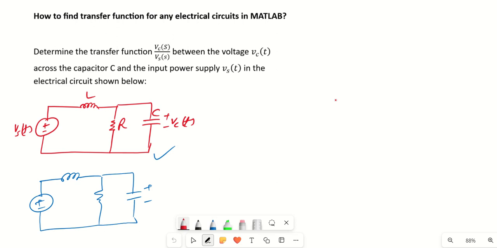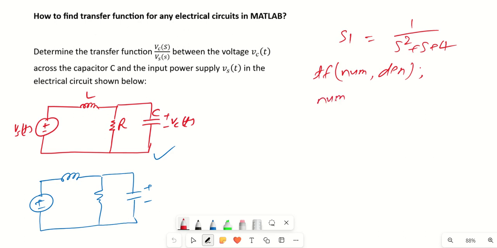Let's say we have a transfer function system 1, which is going to be, let us say, 1 by s square plus s plus 4. You have to put it in MATLAB as TF of numerator comma denominator. TF of numerator denominator will give you the transfer function. The numerator will be the coefficients of the numerator, which is 1, in a big bracket.